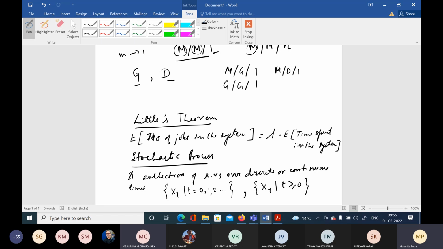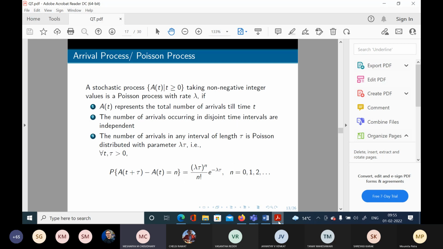Now what I was talking about was the Poisson process. A Poisson process is a stochastic process A(t), such that t is greater than or equal to 0, taking non-negative integer values.